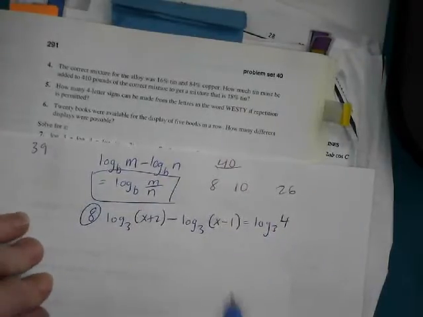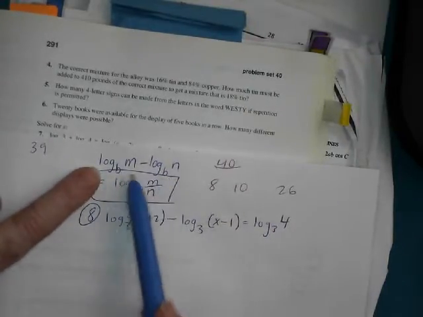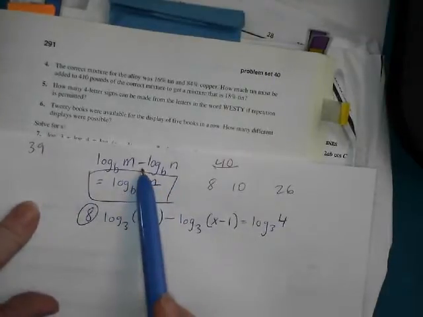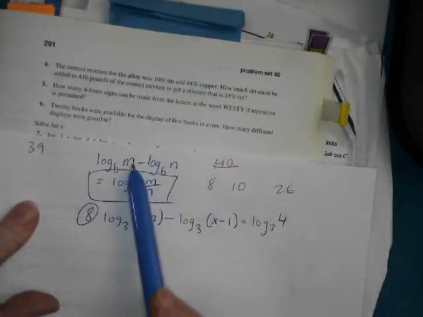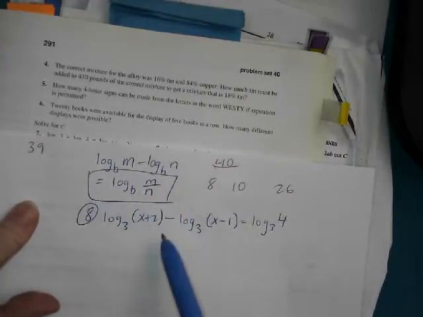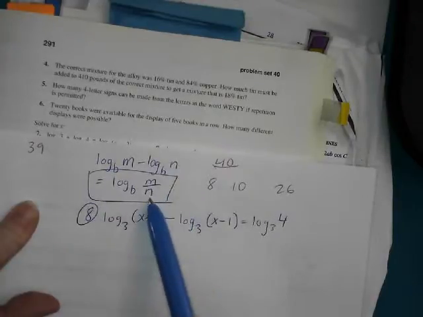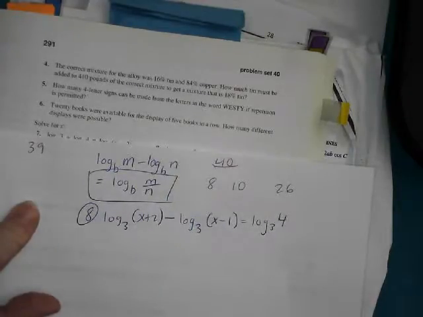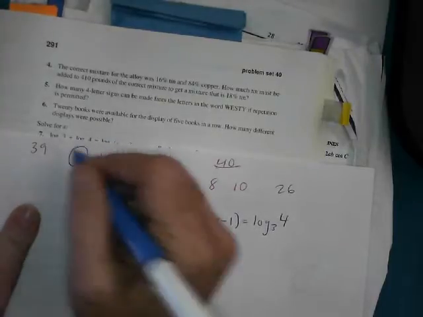If you have 2 logarithms with the same base and there's a subtraction, you can grab the argument of the first one and stick it on the top of the fraction and take the second one and stick it on the bottom. That's one of the log laws.